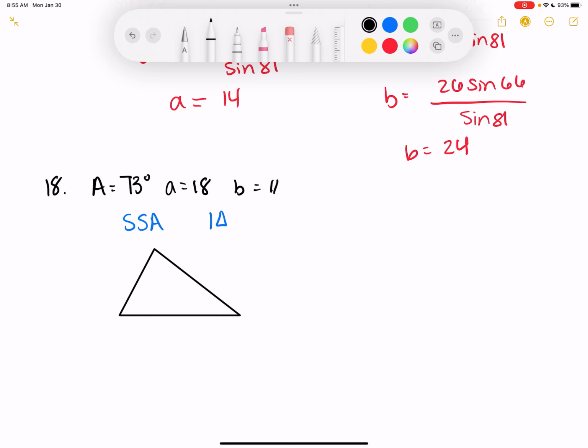So then I've got my triangle. I've got A here, side A here, and then for the purpose of consistency with how they're drawn in the picture, this is side B over here. So again, given information is here.